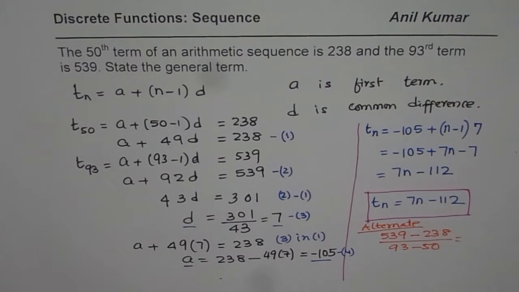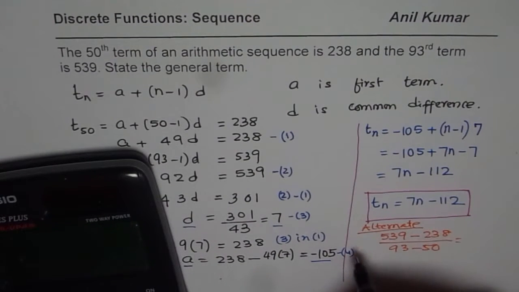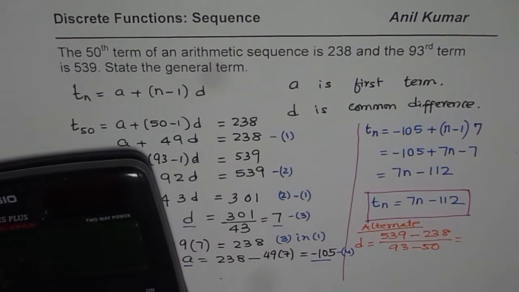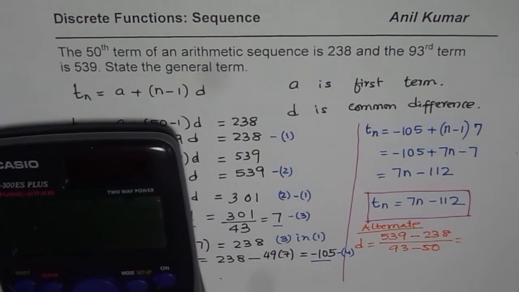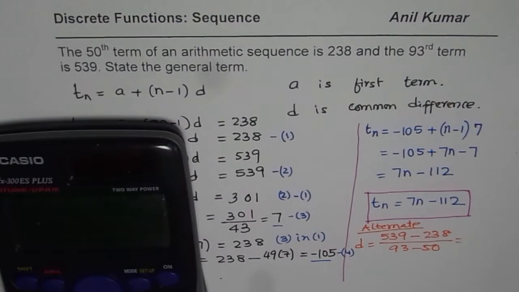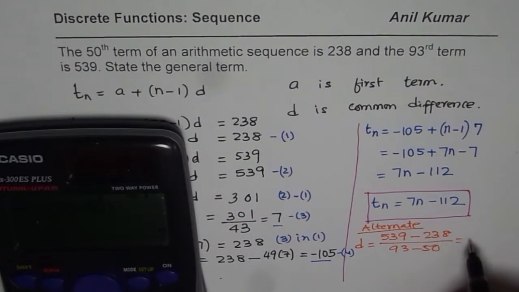Kind of slope like you do in linear equations. If you do that, you get the value of d. d is kind of slope because an arithmetic sequence is represented by a line on a graph, right? And the slope of this line represents the common difference. So we can do this: 539 minus 238 divided by, within brackets, 93 minus 50, equals, it gives us 7.